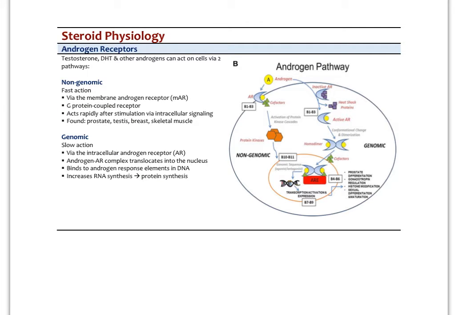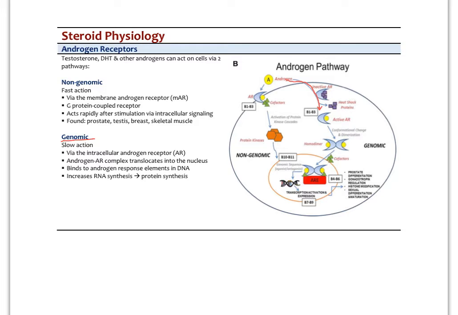So testosterone, dihydrotestosterone, androstenedione can work on cells via 2 different pathways. I'll start with the genomic pathway. This is the classical pathway, and this has a fairly slow action, takes a couple of days to really activate. That's where the androgen is going to enter, diffuse across the cell membrane.